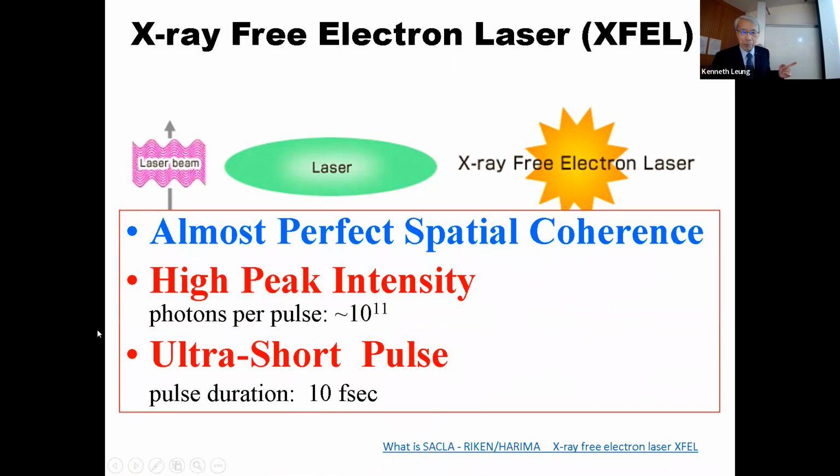The property of a laser is it has high peak intensity and it has a short pulse. So you could do it in a very focused way. The pulse duration is very short, 10 femtoseconds. A femtosecond is a very short time.